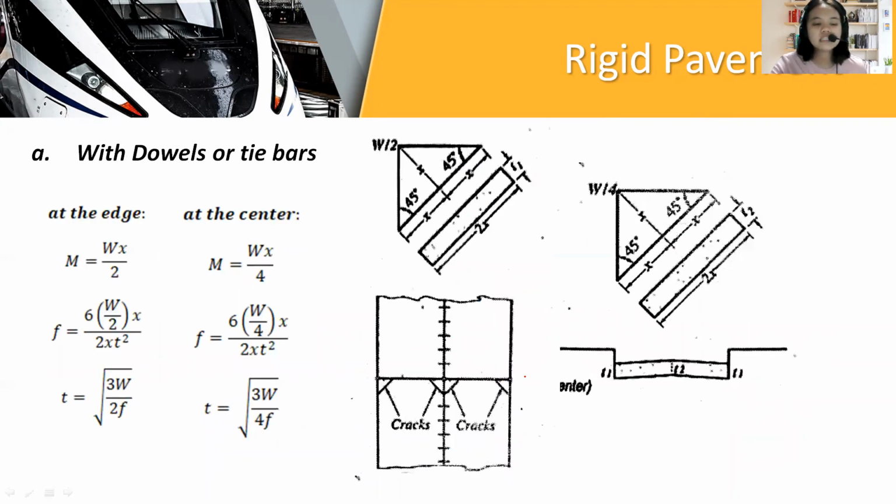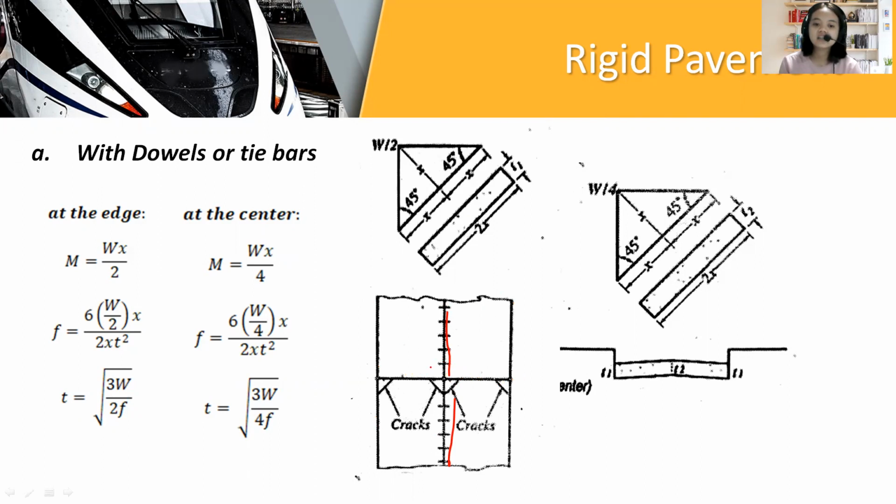Kapag with dowels naman tayo, mahati sa dalawa, or mayroon tayong dalawang consideration nga. Una, at the edge. Sa edge, Wx over 2 yung moment natin.